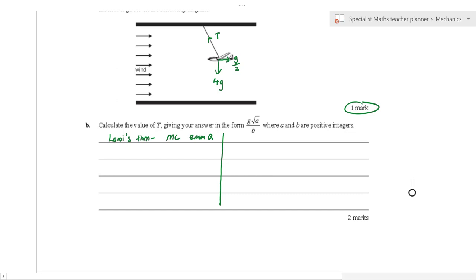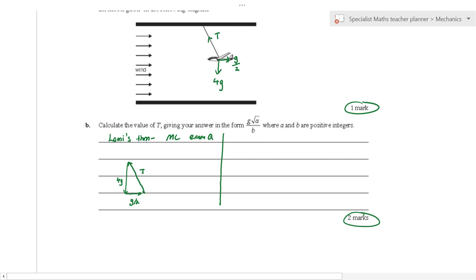So why don't I do so? I've got over here, let's just call that T, and I'm joining my 4G down here, which is head to tail, 4G, and then of course I'm going to join that. Are they all head to tail? Have a look at it. I think they are. Okay, so how's this 2 marks?